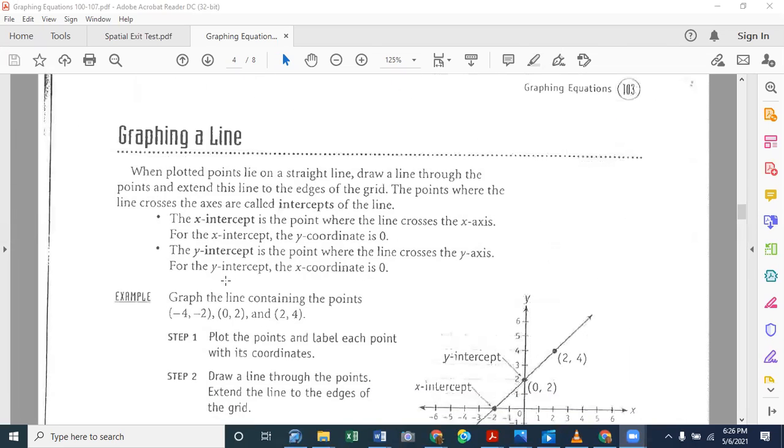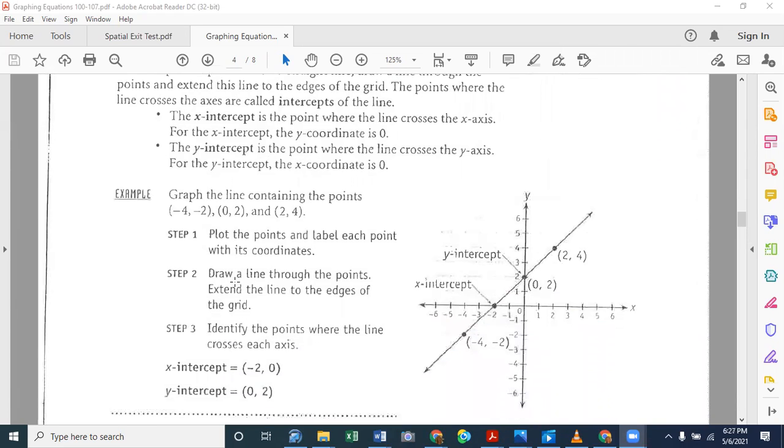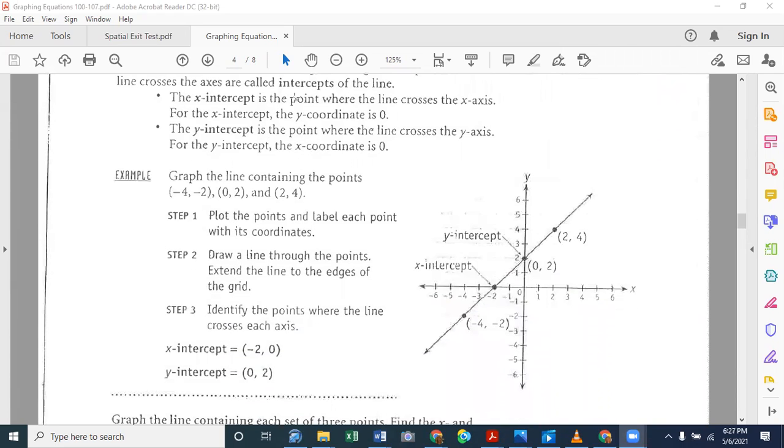Let's talk a little bit about graphing a line. So a line is called a linear, it has an equation called a linear equation. So this line right here crosses the x-axis and crosses the y-axis.